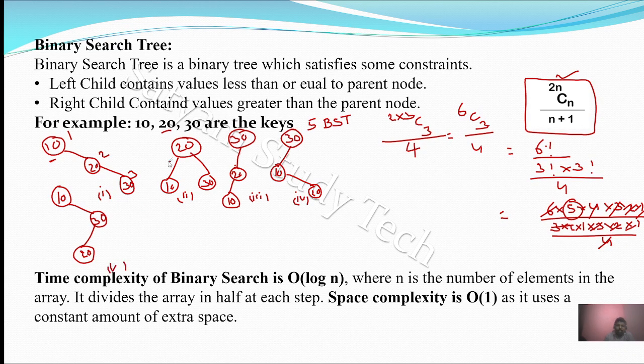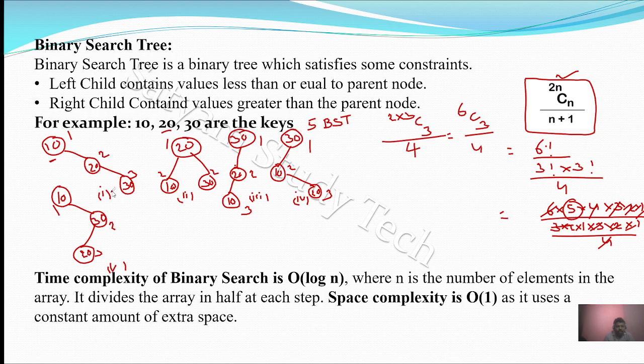So these are the 5 binary search trees. In each, searching for 10 takes one comparison, then two, then three, and similarly 1, 2 and 3 in the others.